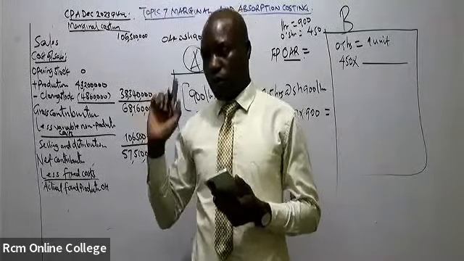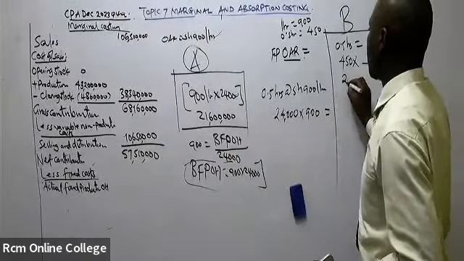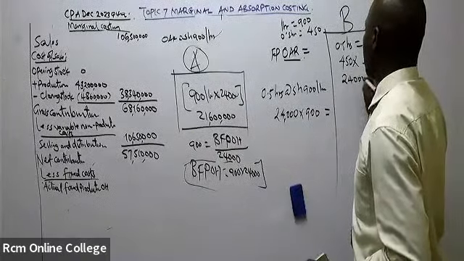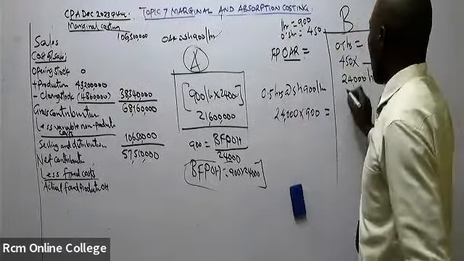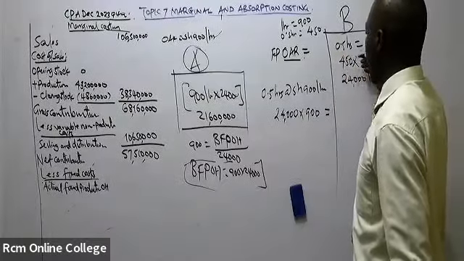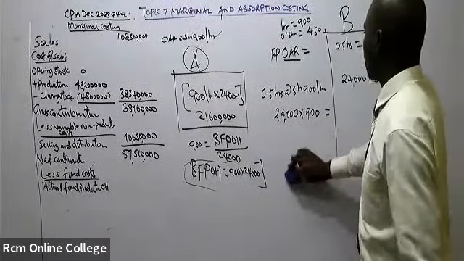Guess what? The company budgeted to utilize 24,000 labor hours. And as per their budget, 1 unit is equal to 0.5 hours. So 24,000 hours will be equivalent to how many units?